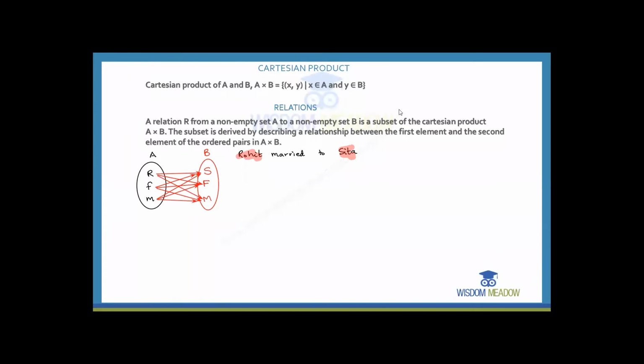So now, listing out these elements, the cross product A cross B is going to be, as we have seen, Rohit related to Sita, Rohit with Sita's father, Rohit to Sita's mother, Rohit's father to Sita, Rohit's father to Sita's father, Rohit's father to Sita's mother, Rohit's mother with Sita, Rohit's mother related to Sita's father, and Rohit's mother related to Sita's mother.